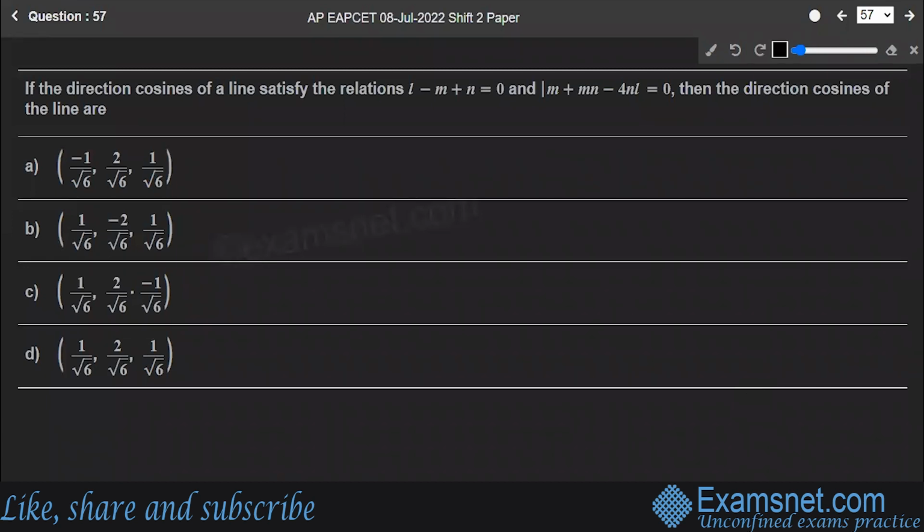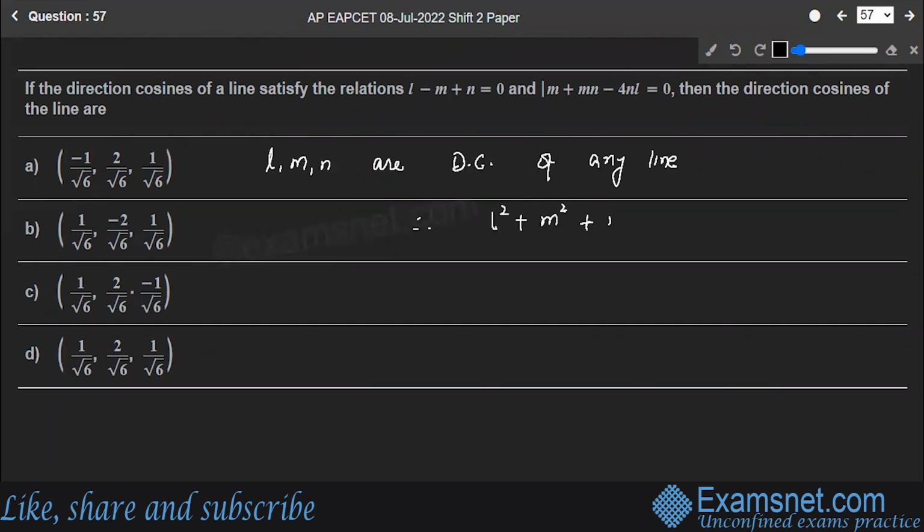It says if the direction cosines of a line satisfy this equation and this equation, then the direction cosines of the line are, 4 options are given. You have to find out the correct one. Okay. So because L, M, N are direction cosines of any line, they will satisfy this equation.